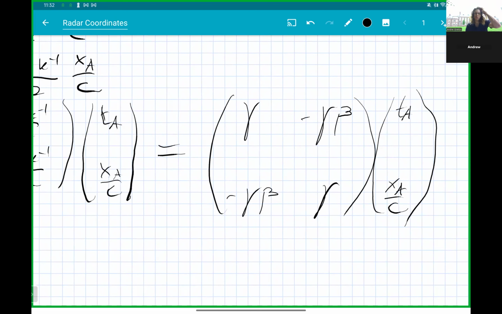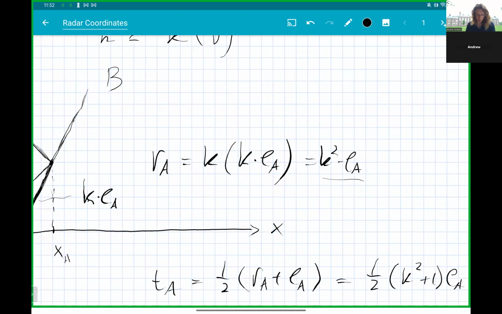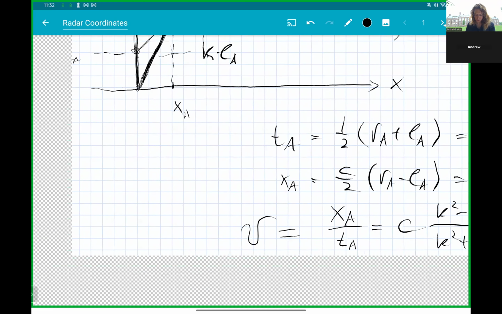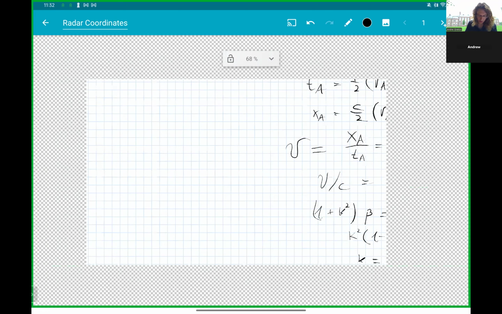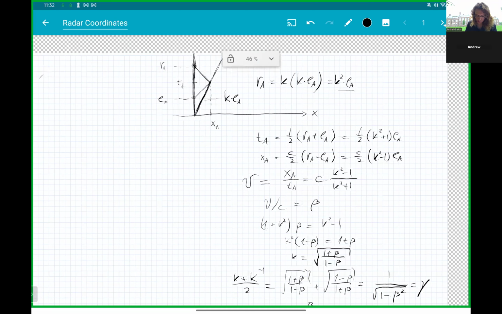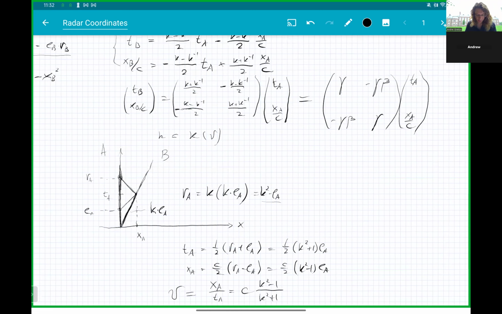Okay, so we are done now. We derived both the conservation of interval and the Lorentz transformations simultaneously from this radar coordinate trick.